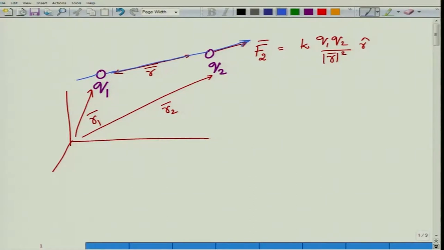And if you find out the unit vector of this one, of course, what is the vector r? We already know how to obtain the vector r, that is given by r2 minus r1, correct. So, r is equal to r2 minus r1.